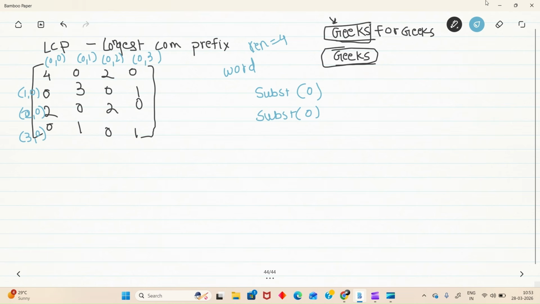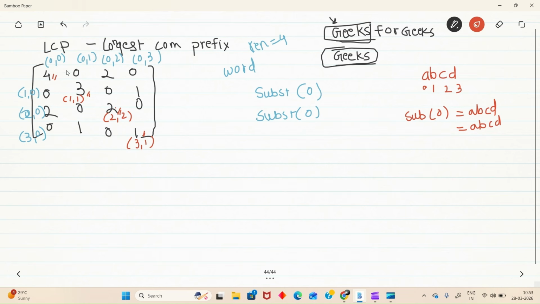Let's say I have a word like ABCD, with indexes 0 1 2 3. The substring of 0 is ABCD, and again the substring of 0 is ABCD. Both are the same, so the longest common prefix is 4. That is why here it is 4. Similarly, here it is 3 because both indexes are 1,1. Here it is 2,2 and 3,3. All are the same because the length is the same.